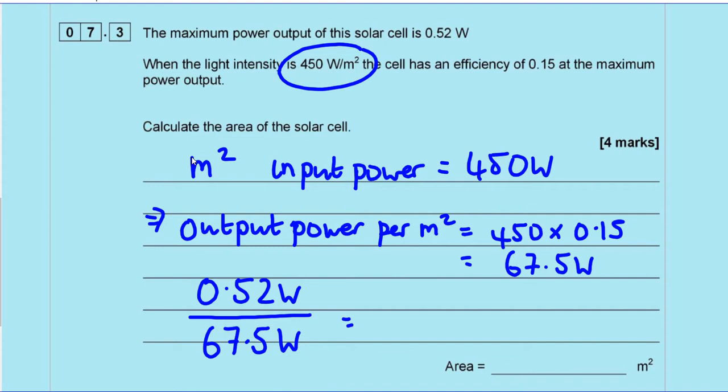So 0.52 divided by 67.5 means I have got an area of about 0.0077. And again, there are more decimal places, but 2 significant figures is a reasonable amount to round off to. So I'm going to put in my final answer there, 0.0077, or you could convert that into standard form, that's 7.7 times 10 to the minus 3.